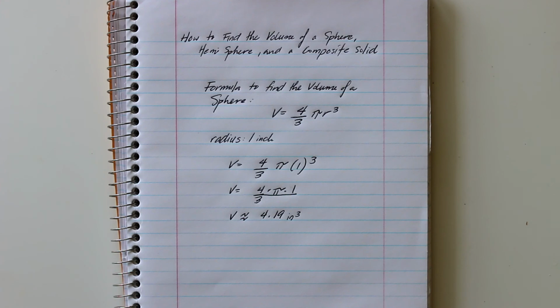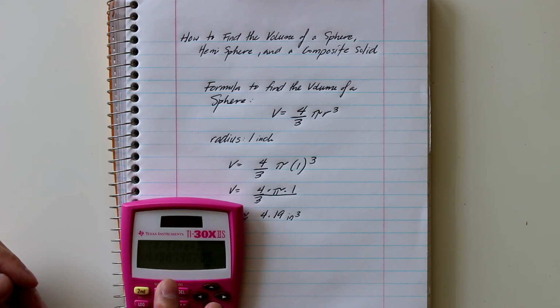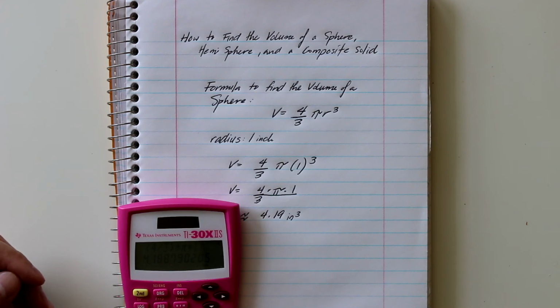Another way to do it is to take 4/3 in its entirety and multiply it with pi and 1. So the way we would do that on a calculator is we would use parentheses and put 4 divided by 3, and then multiply this by pi, multiply it by 1, and we get the same answer, 4.18790205, which would round to 4.19 inches cubed. So that's how we find the volume of a sphere.